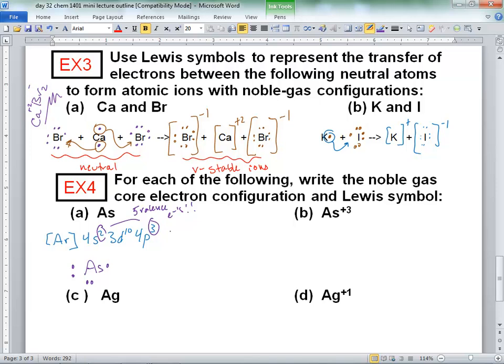But you just better have 5 dots, 5 electrons on there. As +3. Yeah, good. So for the arsenic +3, you just erase the 4p3. And don't forget to write +3.